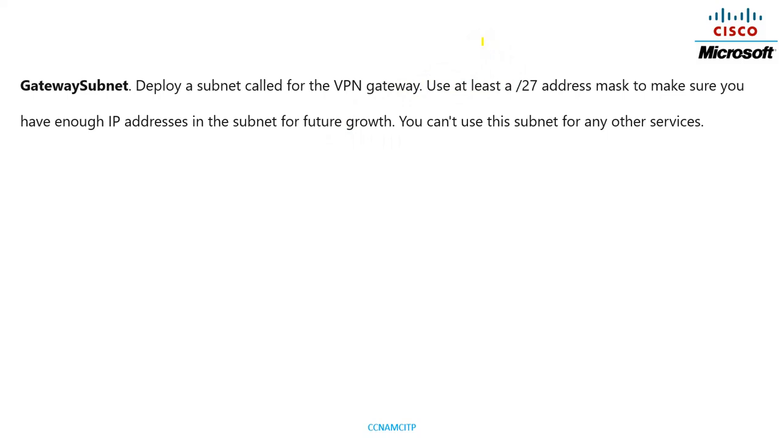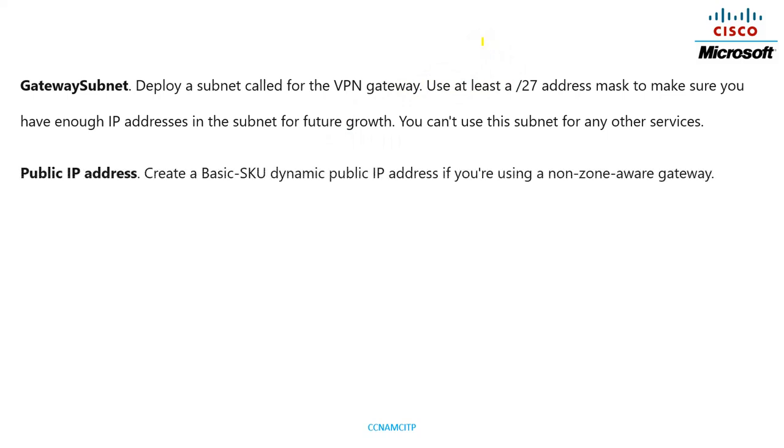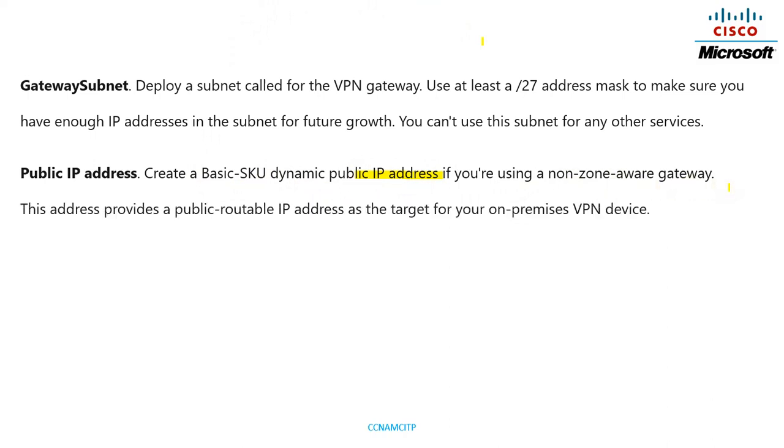The next one is the public IP address. Create a basic SKU dynamic public IP address if you are using a non-zone-aware gateway. This address provides a public routable IP address as the target for your on-premises VPN device.